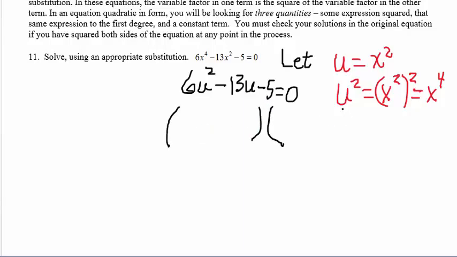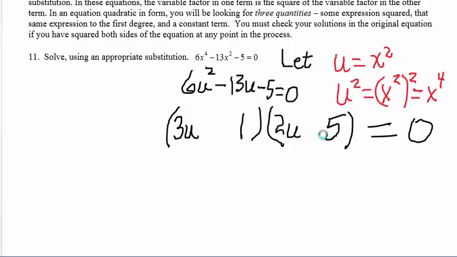So I'm going to solve this by factoring. And I know I need first times first to equal 6u squared. So 3u and 2u. And then I need last times last equal negative 5. So I'm going to put a 1 here, a 5 here.